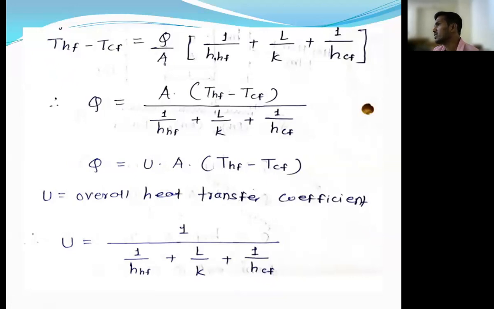Okay. So from this, what is the equation of the Q? So Q is equal to what? A into THF minus TCF divided by 1 upon HHF plus L by K plus 1 upon HCF.